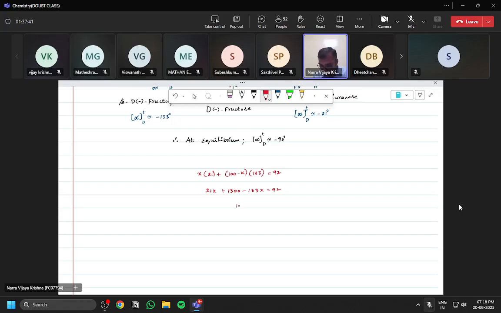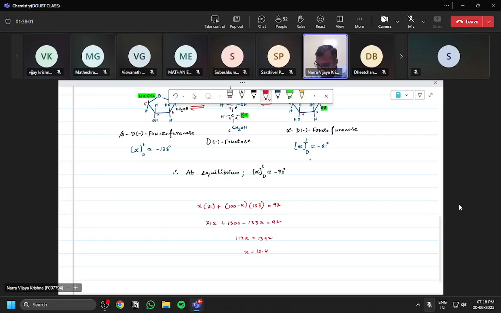So 112x is equal to 1392 divided by 112. So it is 12.4, approximately 12.4%. And this is approximately 87.6%.